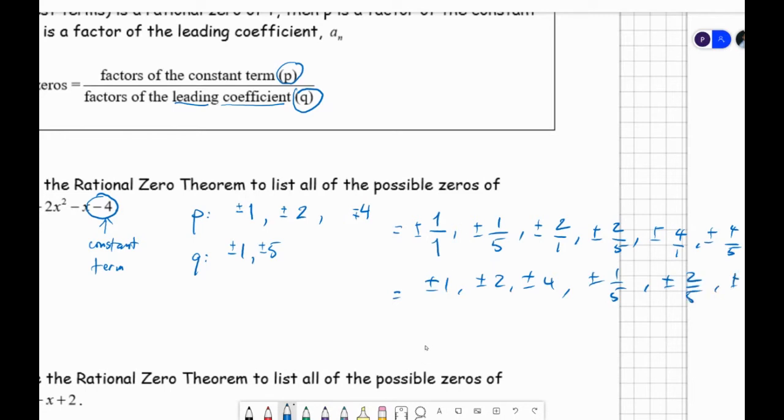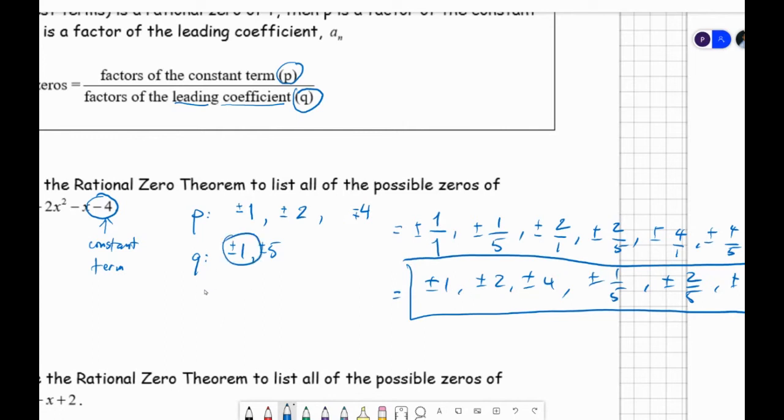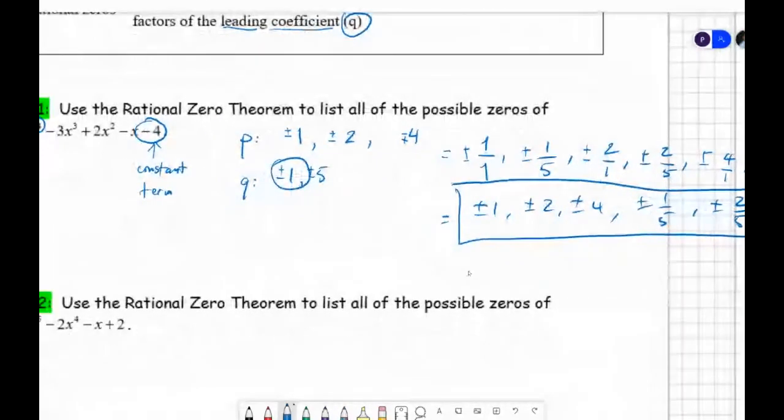It's exactly the same, right? I prefer this method because the first few numbers are always going to go over 1. 1 is always going to be a factor, right? So therefore, most of the time, the actual zeros will be in the first two or so.